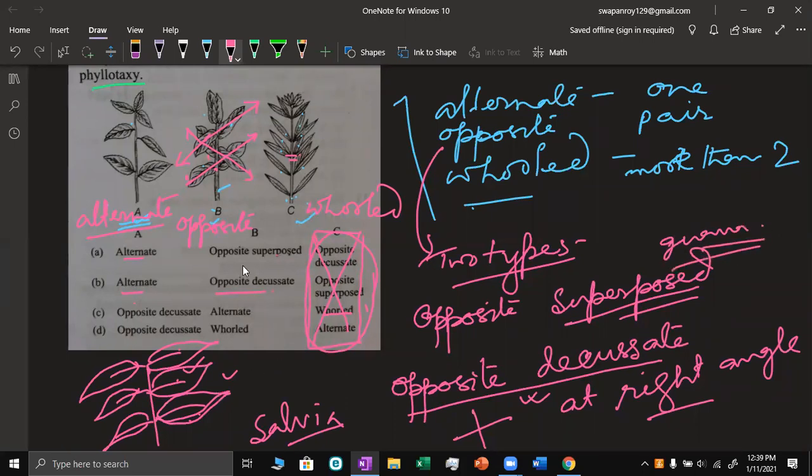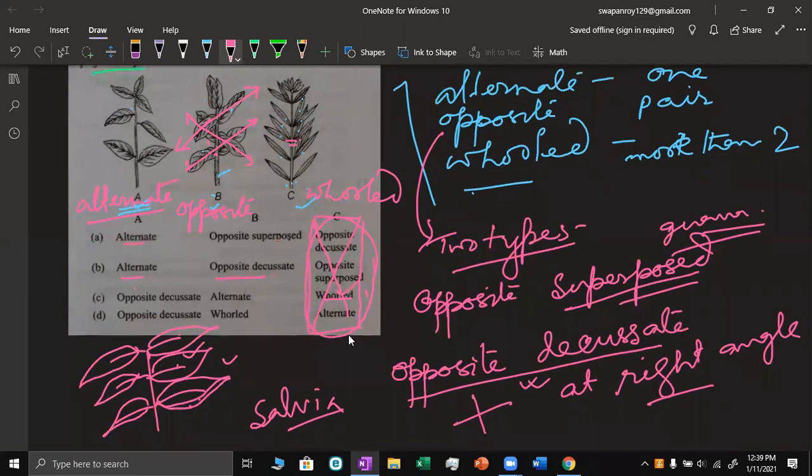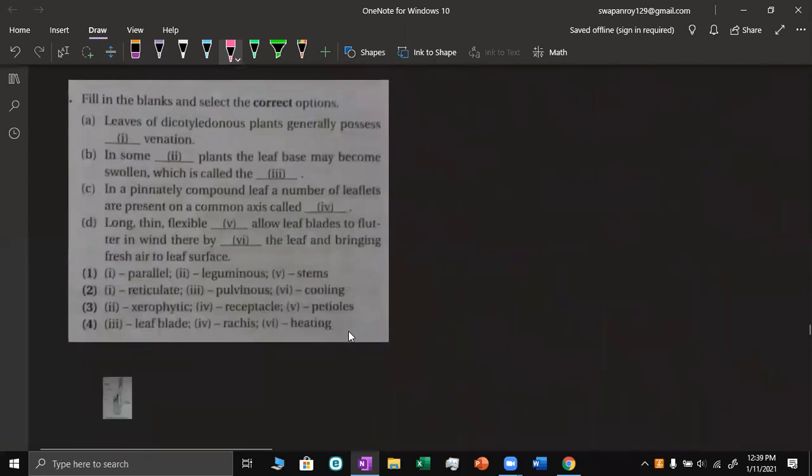Okay. So sometimes in your practice book also, this is from one of the practice books, the question may be wrong. That also you have to be very careful about. This is one question with fill in the blanks.